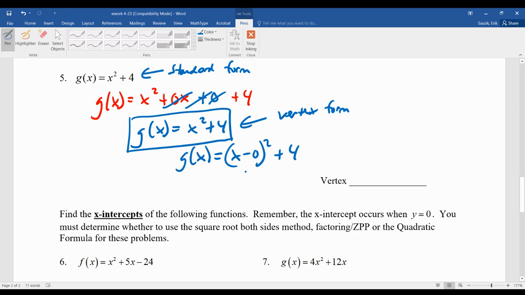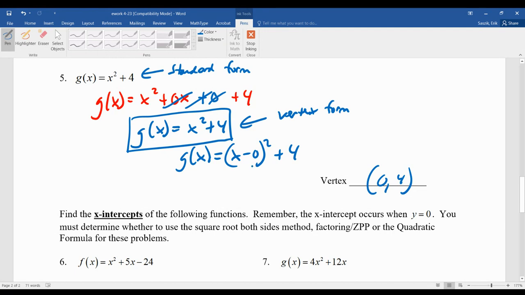That's because you actually have this x value. This is going to be 0, and that's positive 4 for the vertex. So it does look a little bit strange, okay? But don't freak out about it. It happens sometimes. A little weirdness there.